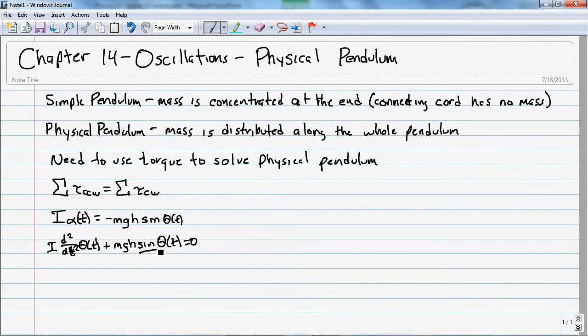Well, we have this sine function in here, just like we had with the pendulum before. So we're going to have to restrict this in the same way, with the same restrictions that we had for the simple pendulum. And now we can rewrite our equation in a standard form.